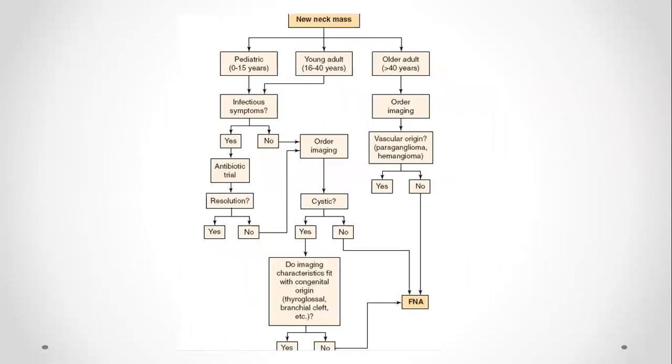Okay, this is the algorithm for diagnosis. Look at it. This is for pediatric and young adults under 40. The most common cause of swelling, as I explained, is infection or inflammation.